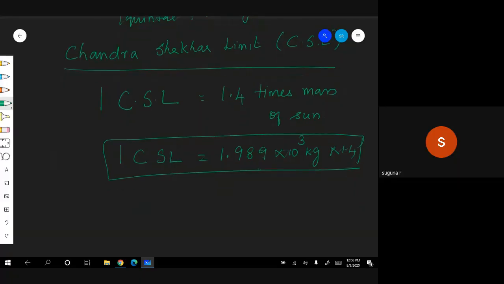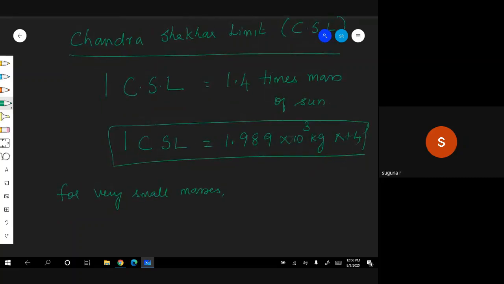Now let us go for units for measuring very small masses. What are all the units? I think you have come across AMU, the atomic mass unit.